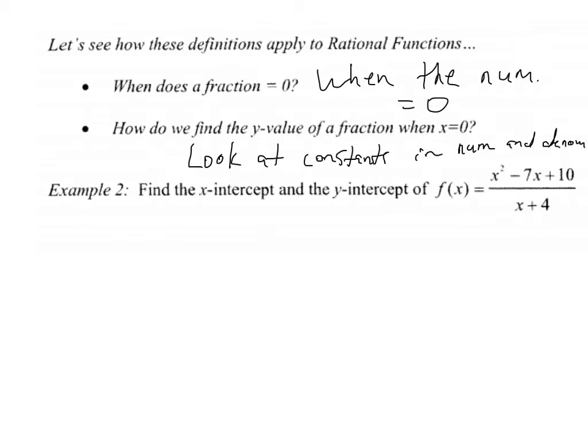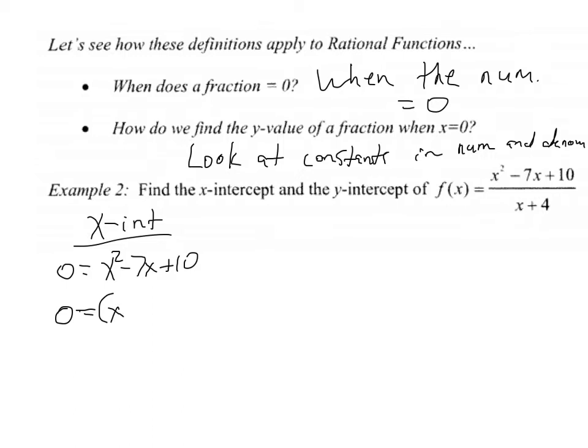So to find the x-intercept, let's do my work for that, and make 0 equal x squared minus 7x plus 10. This looks like a little review of factoring. So 0 is going to equal two numbers that multiply to 10, add up to negative 7.